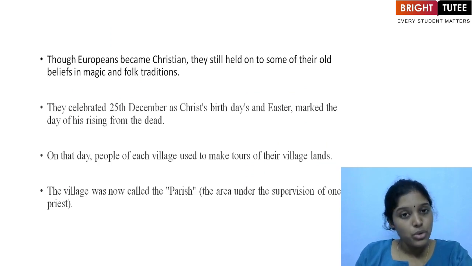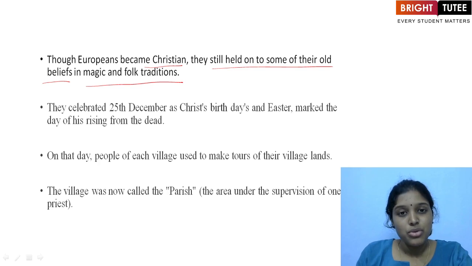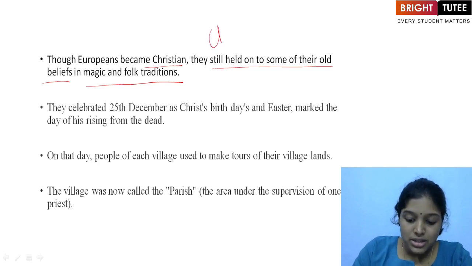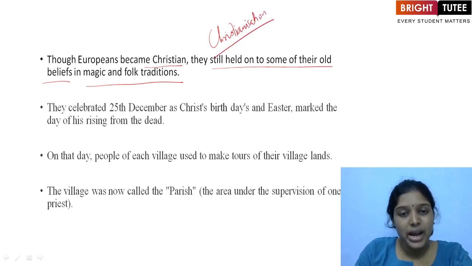So though the Europeans became Christian, they still held on to some of their old beliefs in magic and folk traditions. So we see that it is only by the 4th or 5th century that the Christianization, that is Europe turning towards Christianity, happens. So before that, they had other indigenous religious practices.